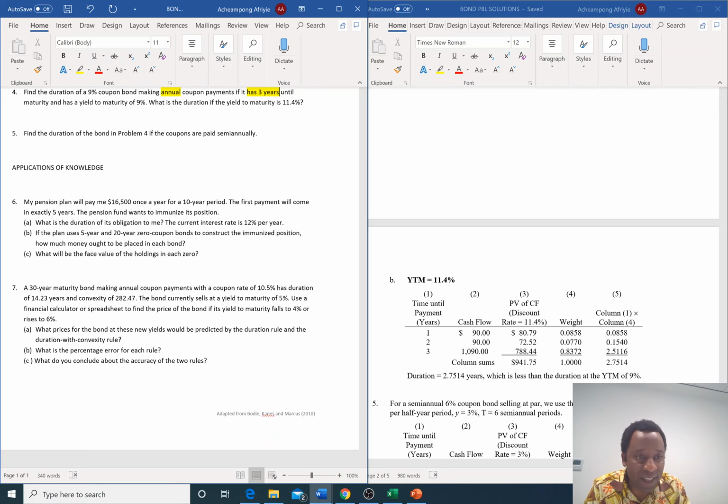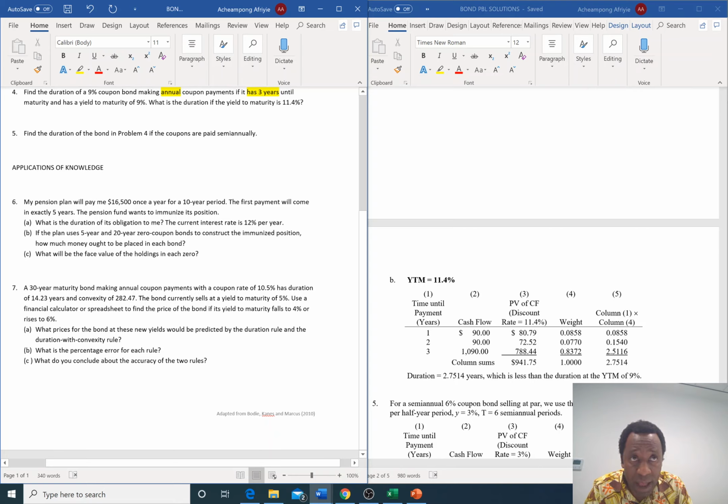You've got this. Okay, so 30-year bond, the coupon is 10.5%, duration is 14.23, convexity is 282, the bond is selling at yield to maturity of 5%. Why don't you work out what would happen if the yield to maturity falls to 4% or rises to 6%?